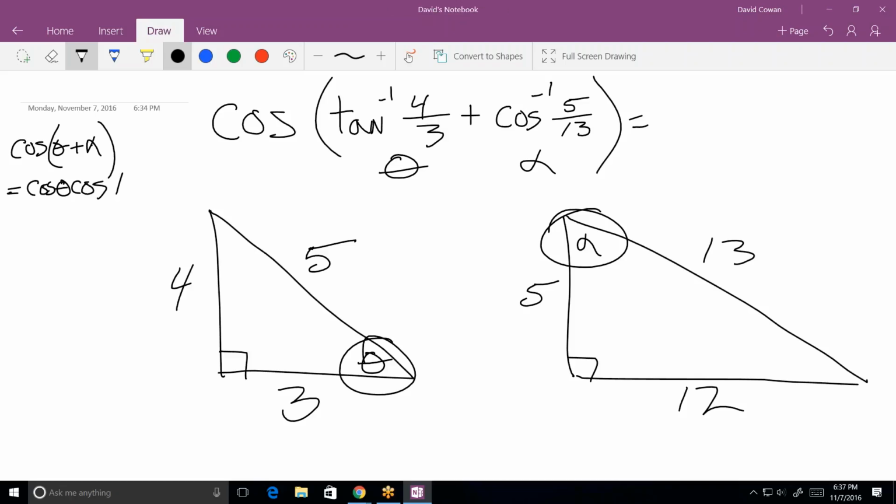It starts out cosine cosine. Oh, those are sines, yeah. Minus plus instead. It's the opposite sign, and then it's sine theta sine of alpha. Okay? Now, using these two triangles, we know what each of these four things is. What's the cosine of theta? 3/5. What's the cosine of alpha?